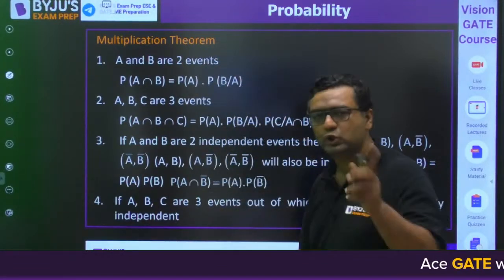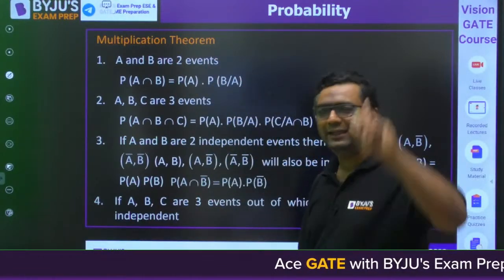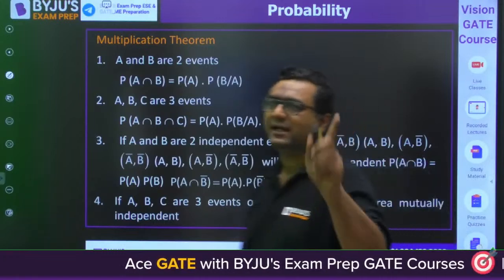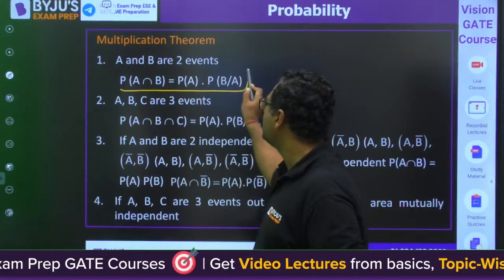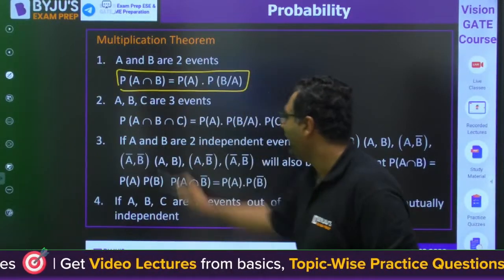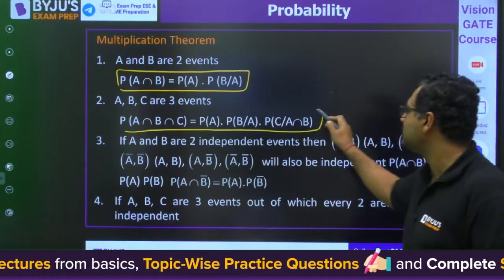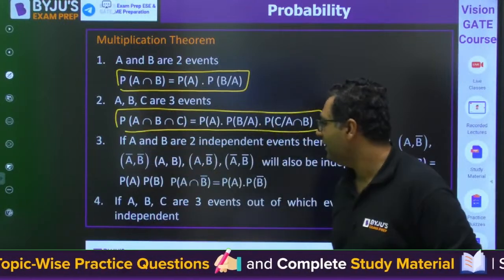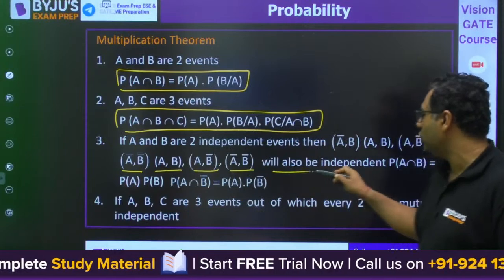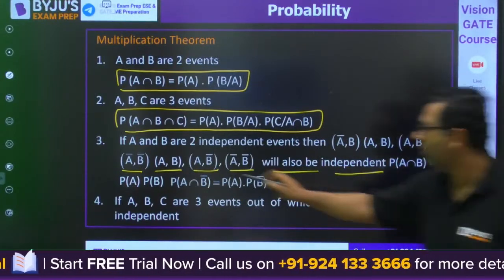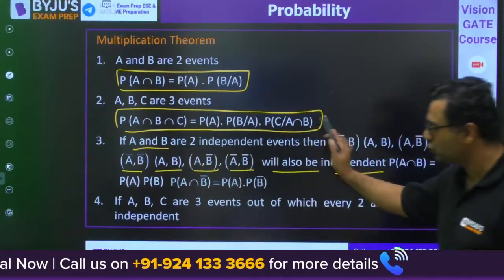These formulas also I have given you in that class. If you see the first and second class, I have already given you these formulas. That A intersection B is this. A intersection B intersection C is this. Then A naught, B naught, A naught B, A B naught will also be independent events if A and B are independent events. That also I have given you.